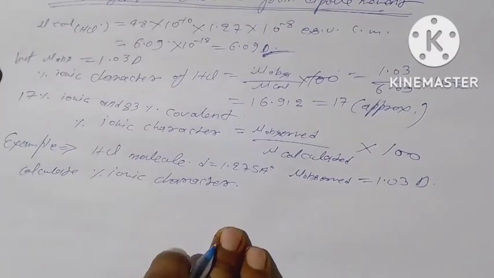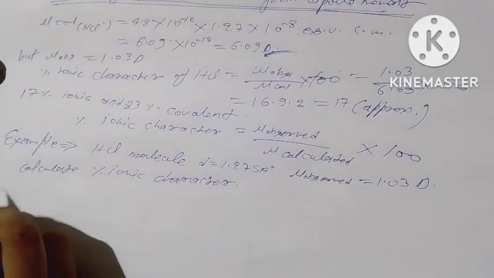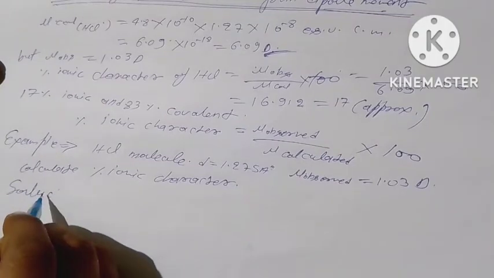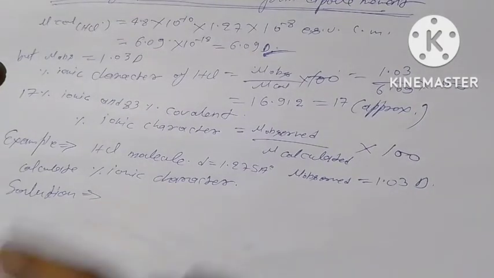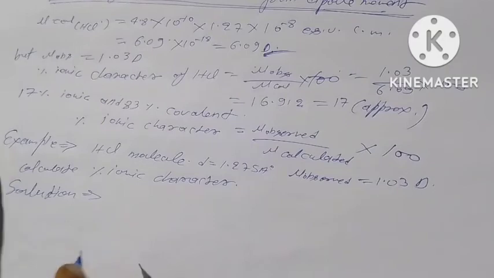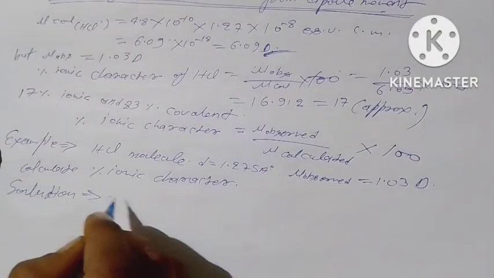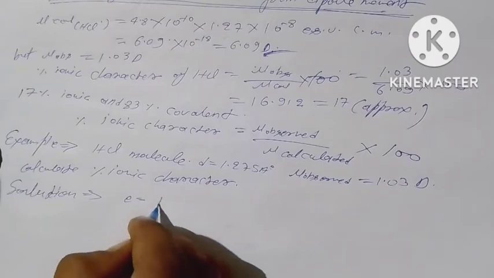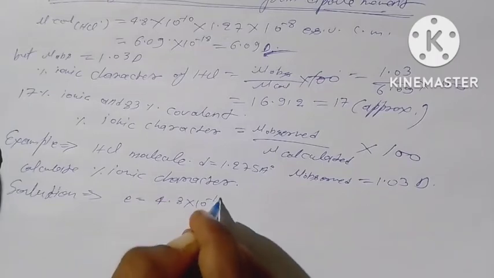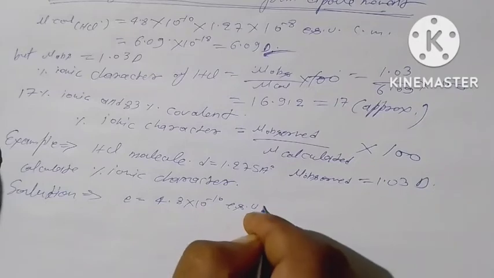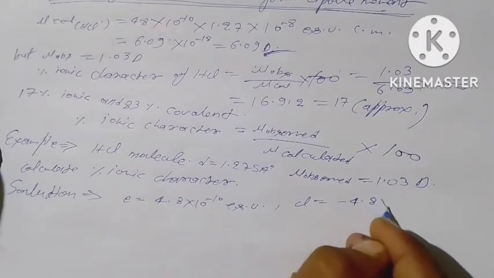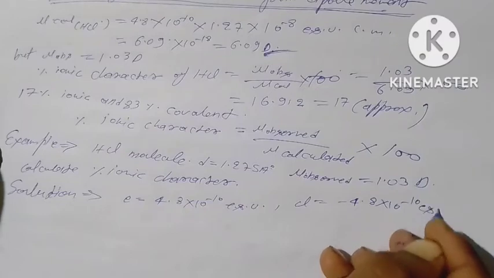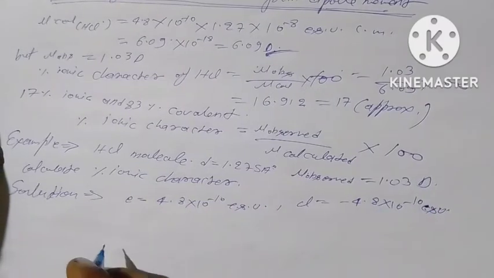Solution: in the hydrogen chloride molecule, if HCl ionizes, then the charge on hydrogen is 4.8 × 10^-10 ESU and on chlorine is minus 4.8 × 10^-10 ESU.